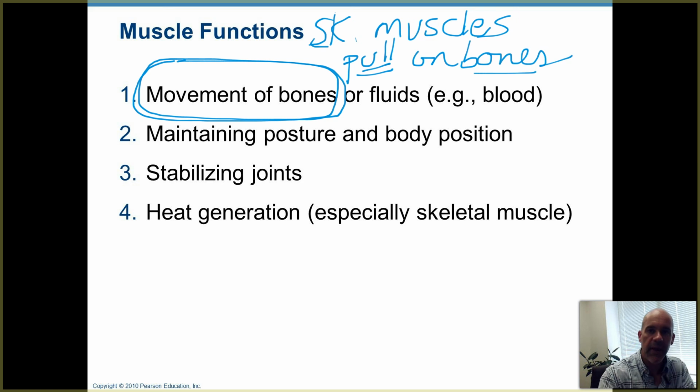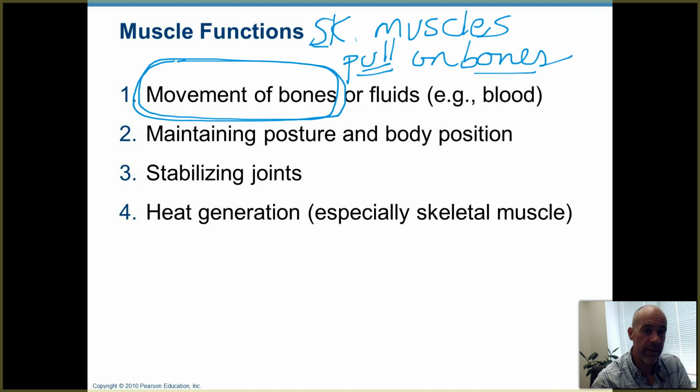They don't push on them, they actually pull as they contract. Like when I do this with my elbow joint, my biceps brachii muscle here in my upper arm is actually pulling on the radius. Remember the radial tuberosity from the skeletal system chapter, and as that happens, the elbow joint flexes.